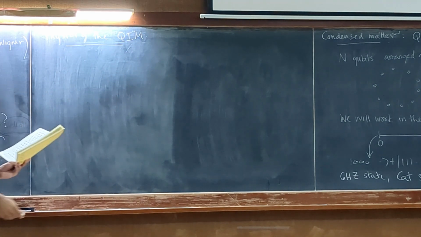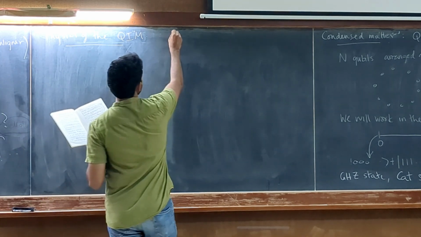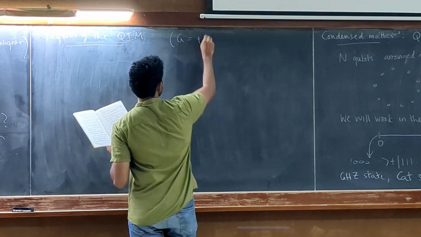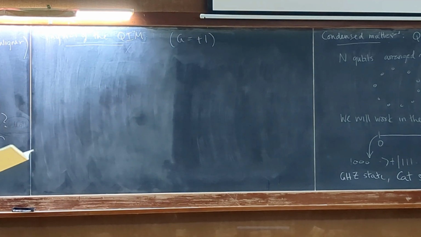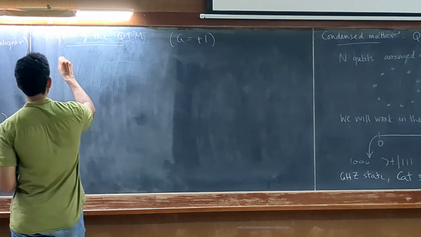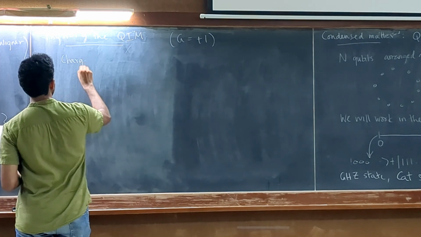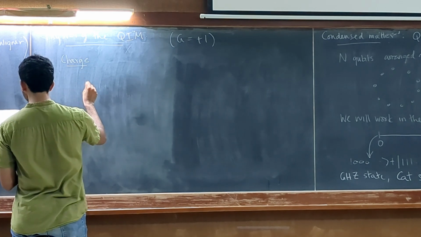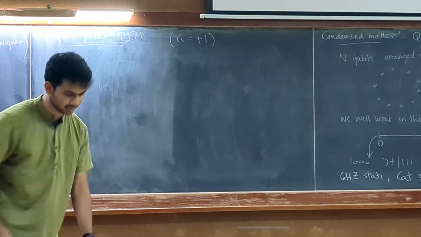This just stands for quantum Ising model. And we'll restrict it to the particular symmetry sector G equal to plus 1. Then I want to define some terms. I'll define what I call charge. So, charge is what is measured by the symmetry operator, essentially.